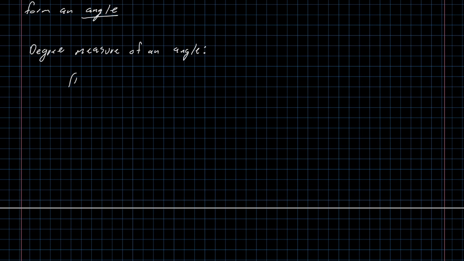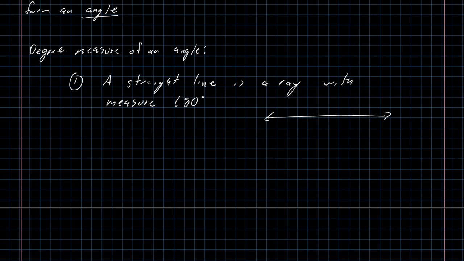The first rule is that a straight line is a ray with measure 180 degrees. Right. Thinking about a straight line as a ray, or as an angle, seems a little bit counterintuitive at first.